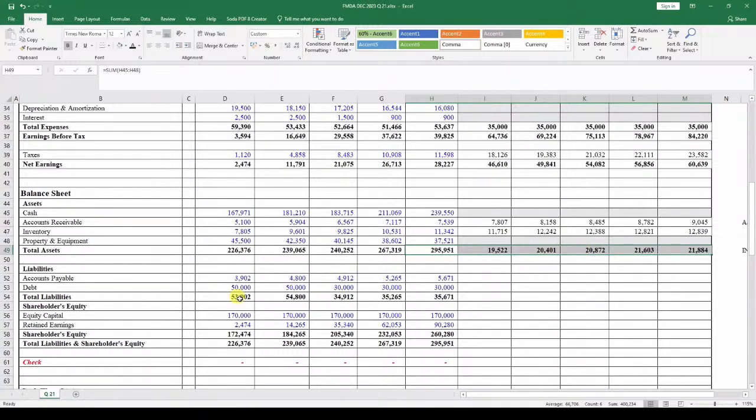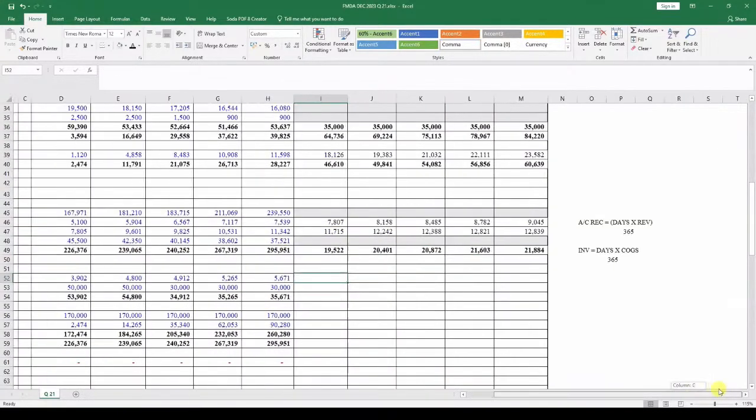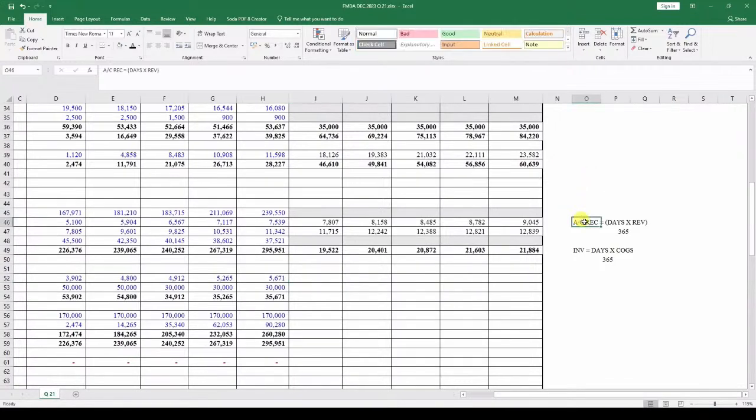The accounts payable is driven by cost of goods sold. Same fashion, the same formula over here, only that we're going to put payable.